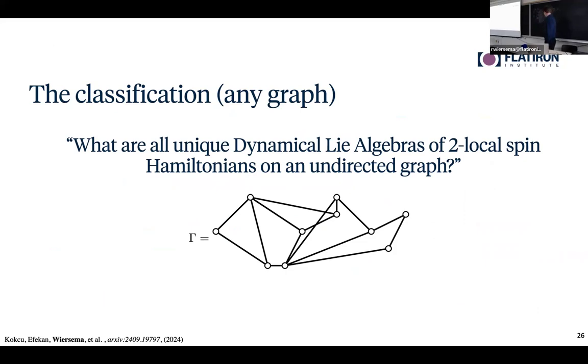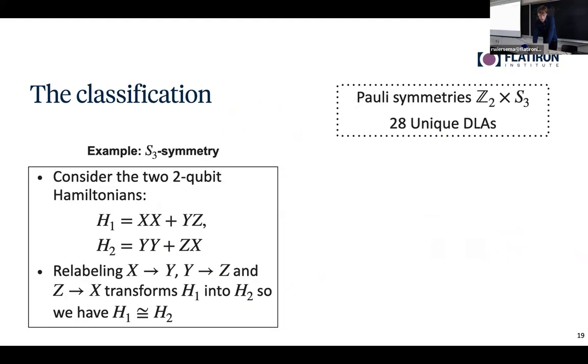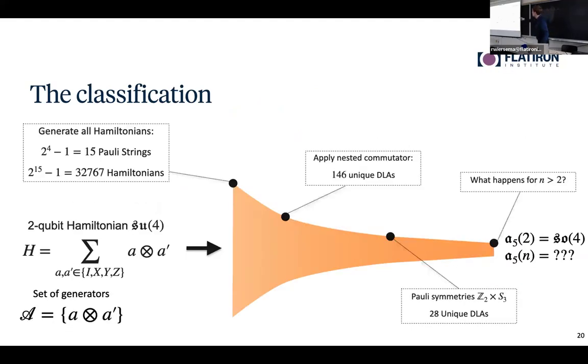I calculated how many Hamiltonians there would be: in this first step you get 3 to the 4 Pauli strings, and then you need to take the power set of that, which is a very, very large number.